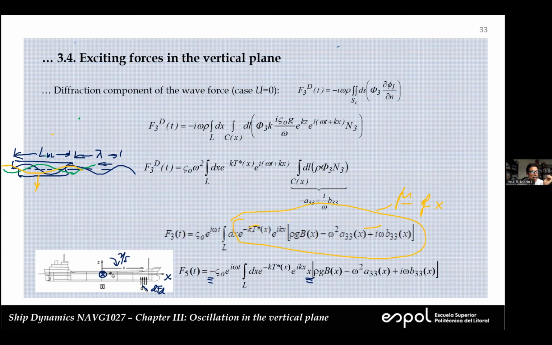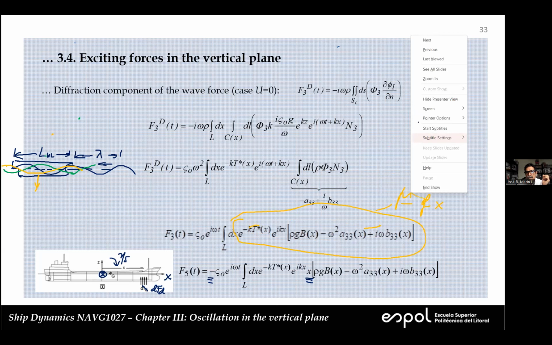you have to calculate the T star in a section. So in a ship, for example, in the bow you have something like this. In the midship area you have something like this. Around the propeller you have something like this.